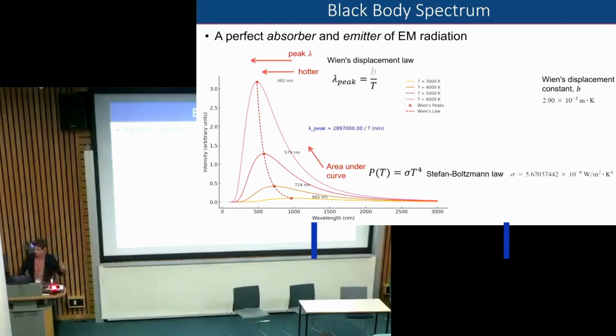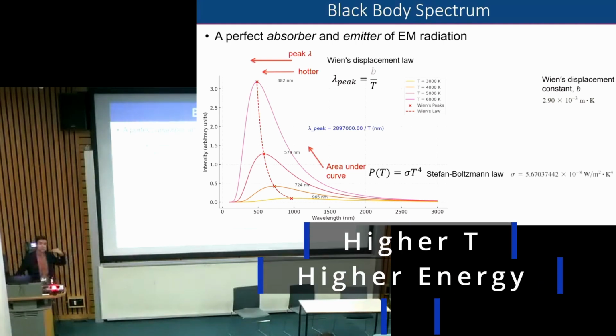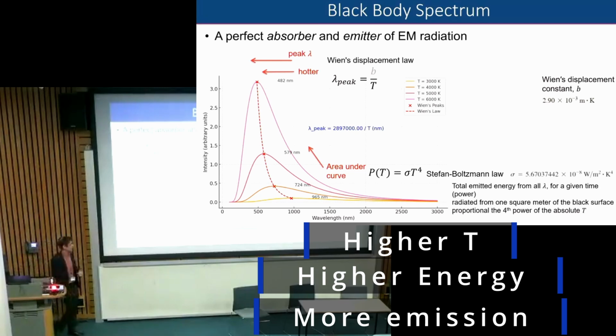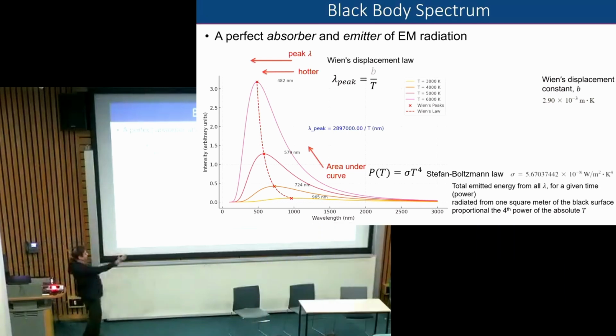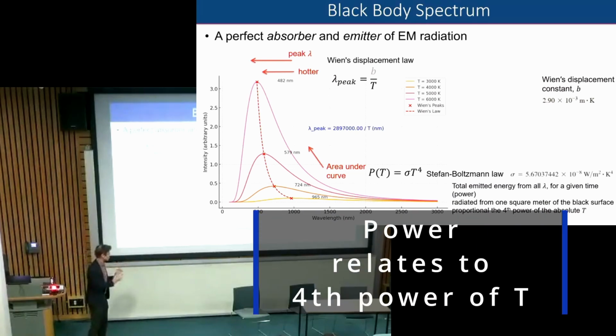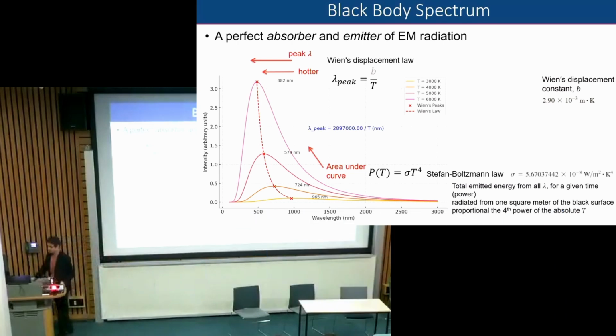If there's more temperature, there's more energy, there's more emission going on. So total emitted energy from all wavelengths, all of the spectrum, is related to the fourth power of the absolute temperature of the black body, that idealized object.